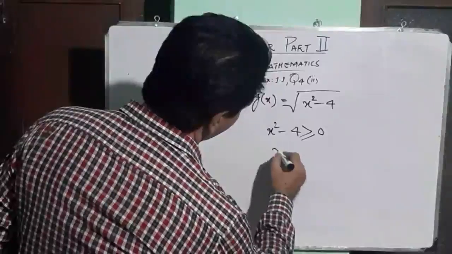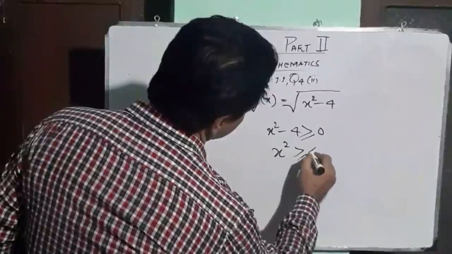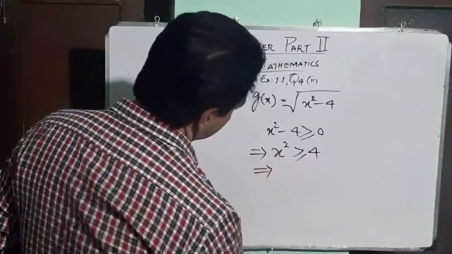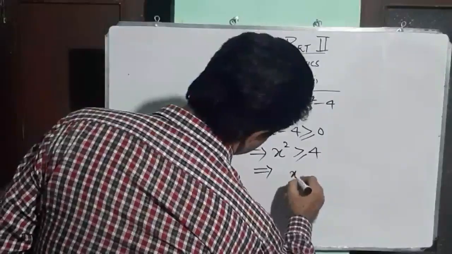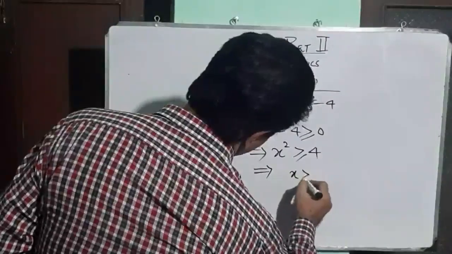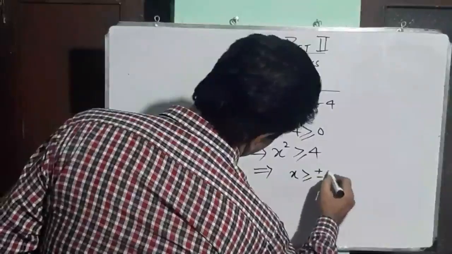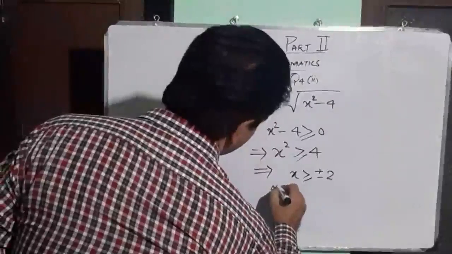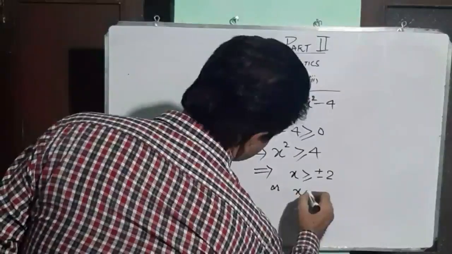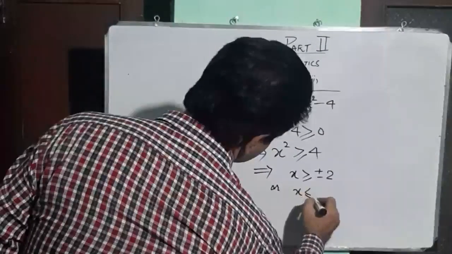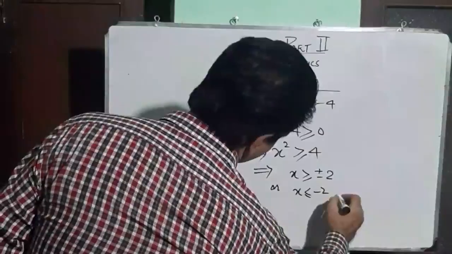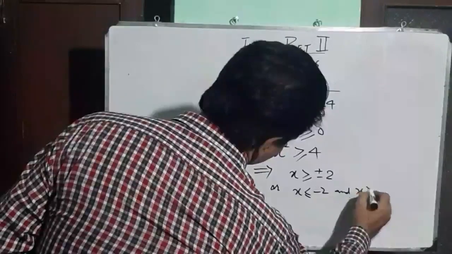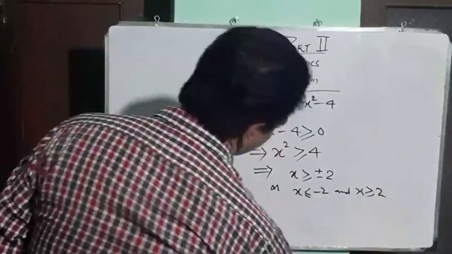By simplifying, we have x greater than or equal to plus minus 2, or x less than or equal to minus 2 and x greater than or equal to 2.